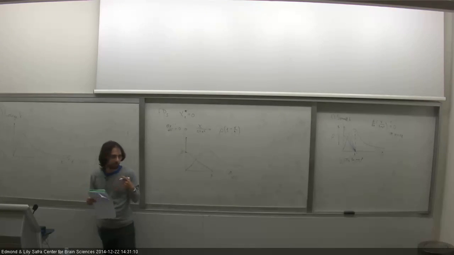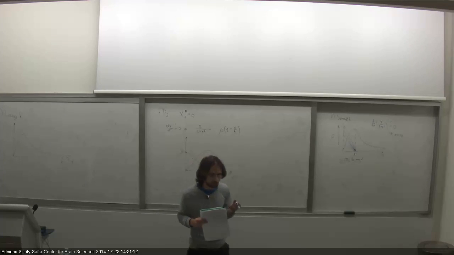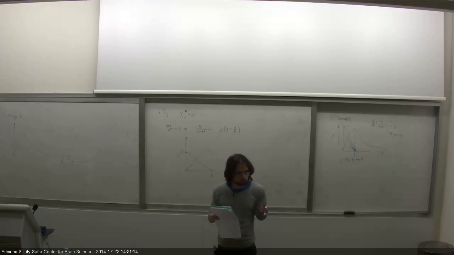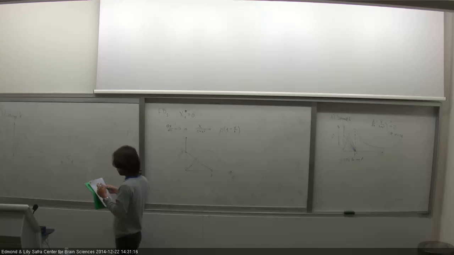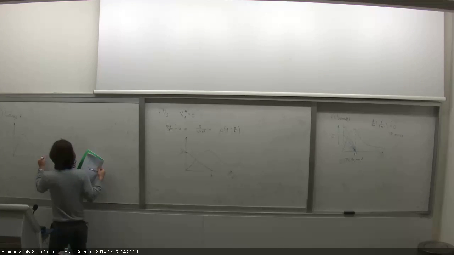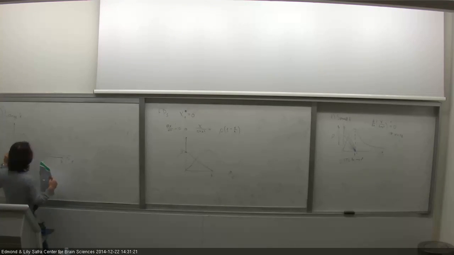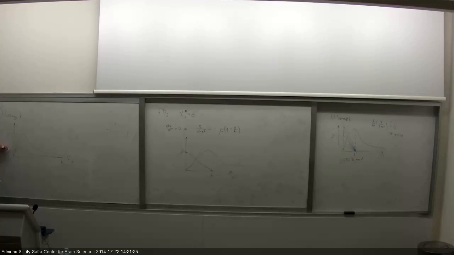And then the number of fixed points, number of intersections, depends on the value of rho. Okay? So for a small rho, we get one intersection here. Okay? So we'll draw lines for increasing values of rho. This will be a range called alpha.